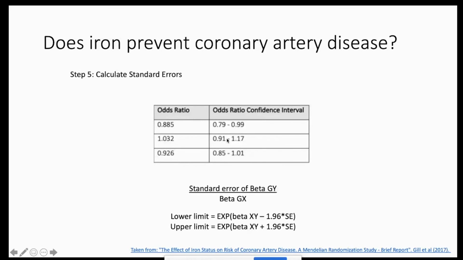So if the confidence interval crosses unity, we say that it's a non-significant finding. However, for example, here the 95% confidence interval is always less than 1, so we can say that that's a significant finding. This suggests that there is a reduction in the odds of coronary artery disease, and that we're 95% probable that the true odds ratio lies between 0.79 and 0.11.